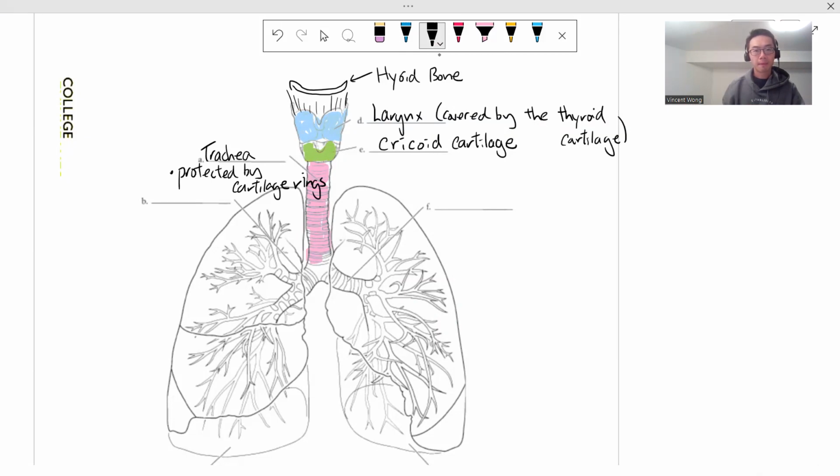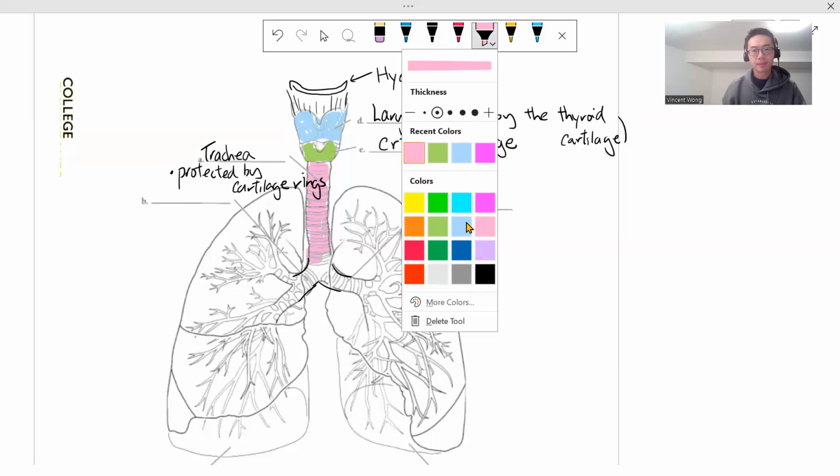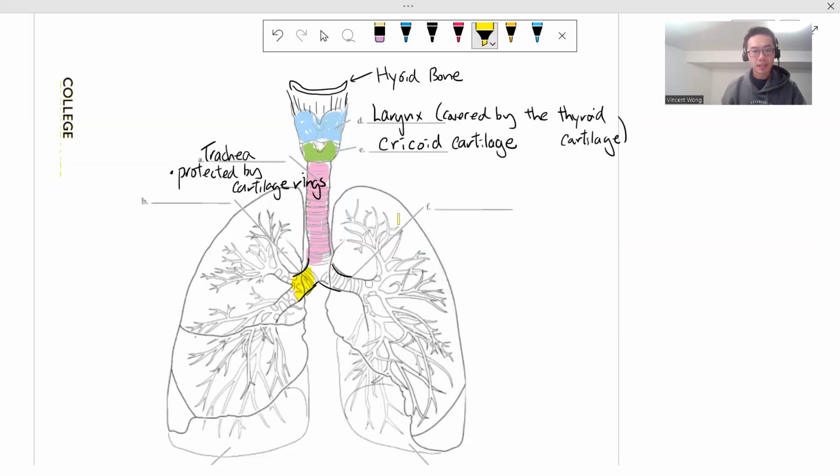Okay. So the trachea is actually going to split up and enter the lung. Let me just use a different color here. It's going to split up.